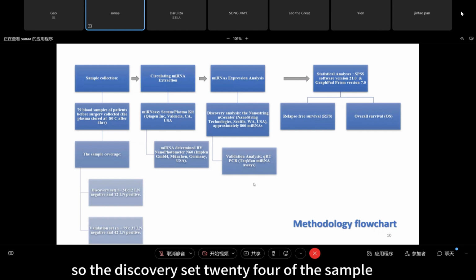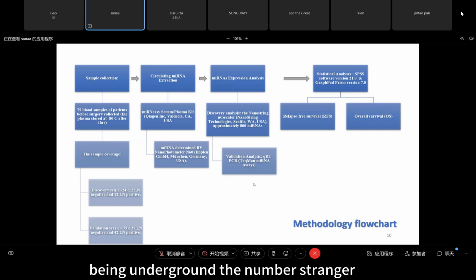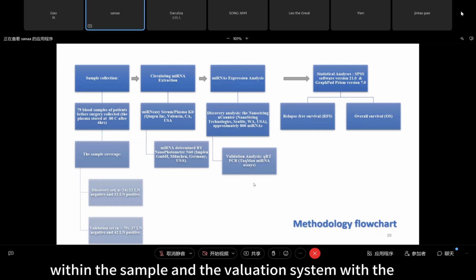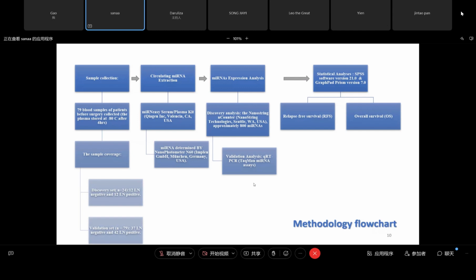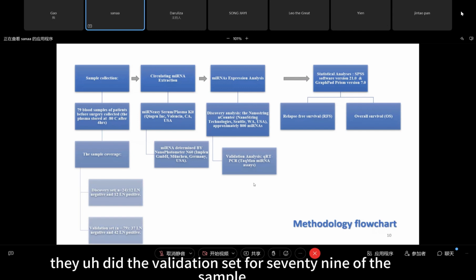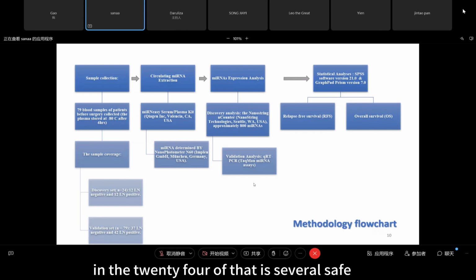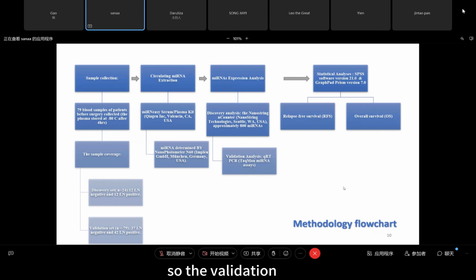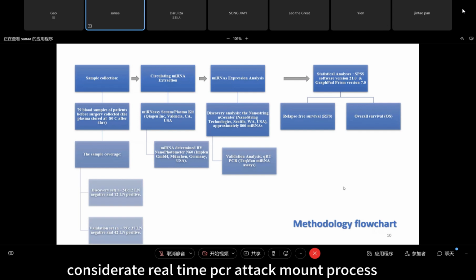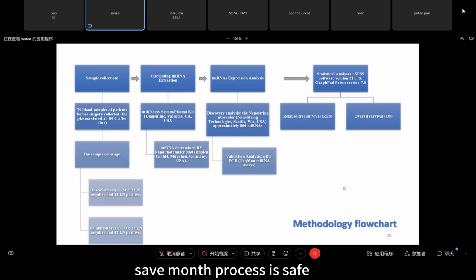In the discovery set, 24 of the samples underwent the NanoString assay to discover the microRNA within the sample. In the validation set, they validated the 79 samples after they found the microRNA biomarkers in the 24 of the discovery set. The validation was done by quantitative real-time PCR, a TaqMan assay.